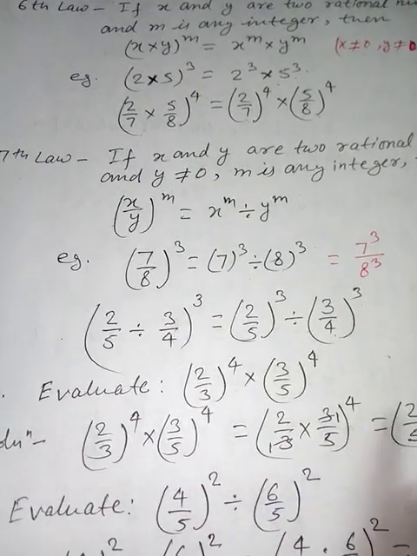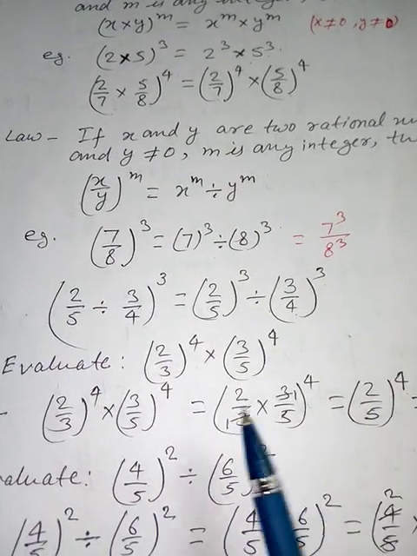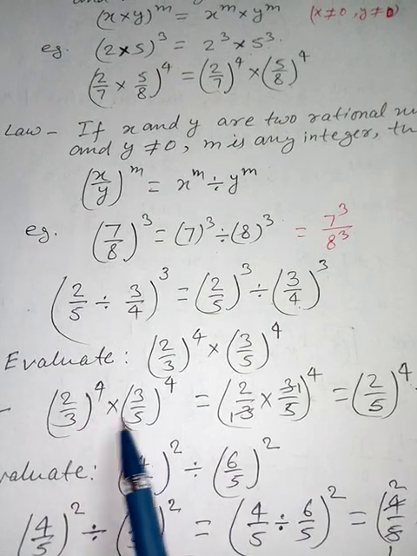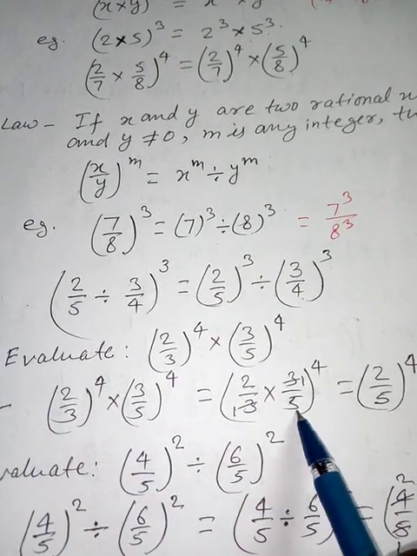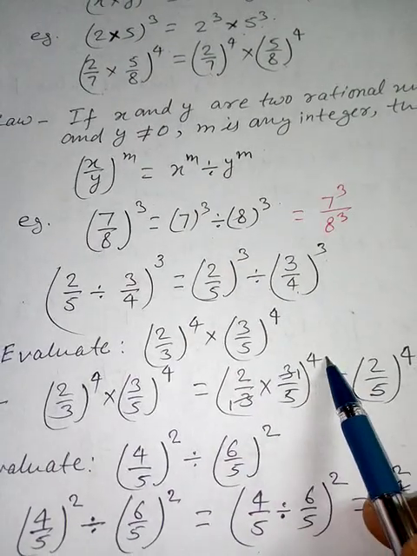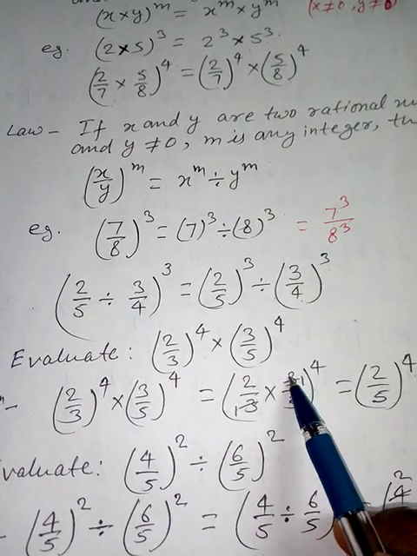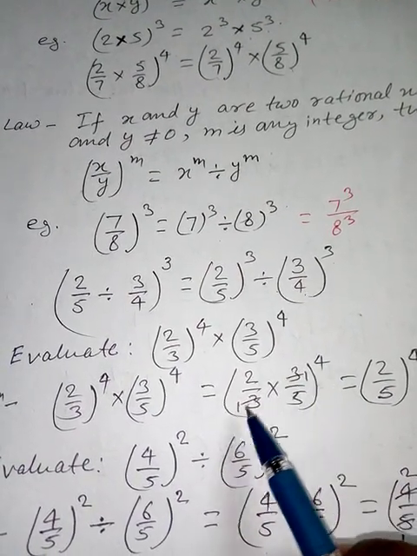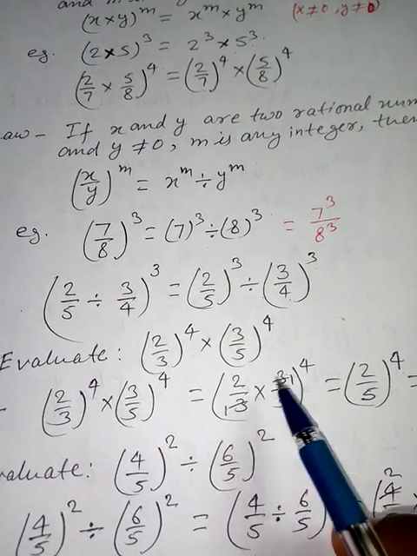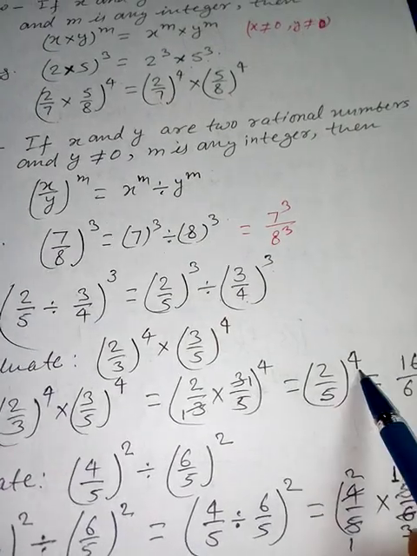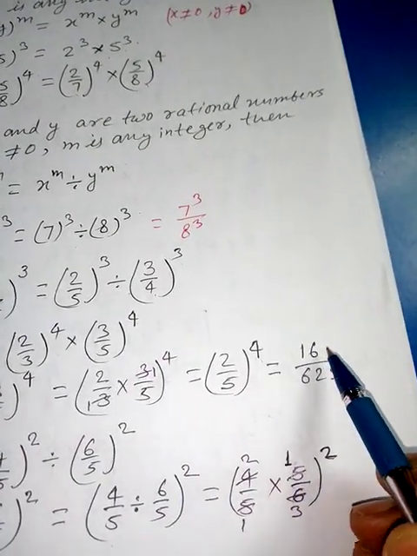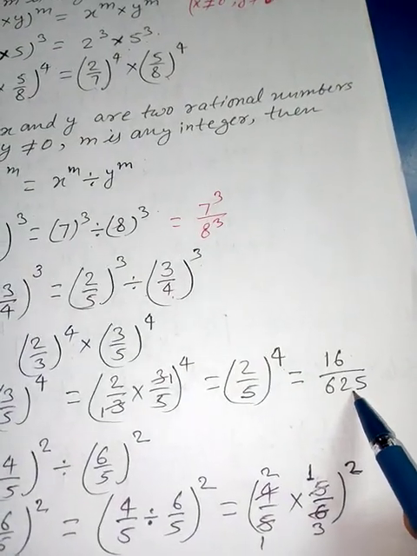And now you can write in one bracket these two terms, (2 by 3 into 3 by 5) whole to the power 4. Now 3 ones are 3, 3 ones are 3, both are divisible. So here 2 is left, here 5 is left. So (2 by 5) to the power 4, and you can write it 16 by 625.